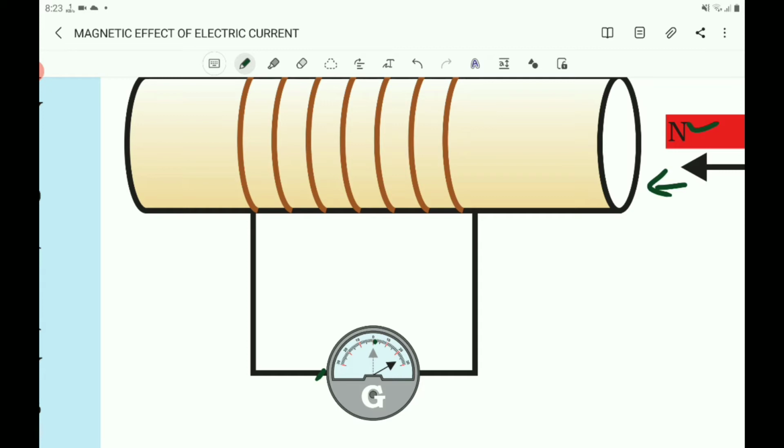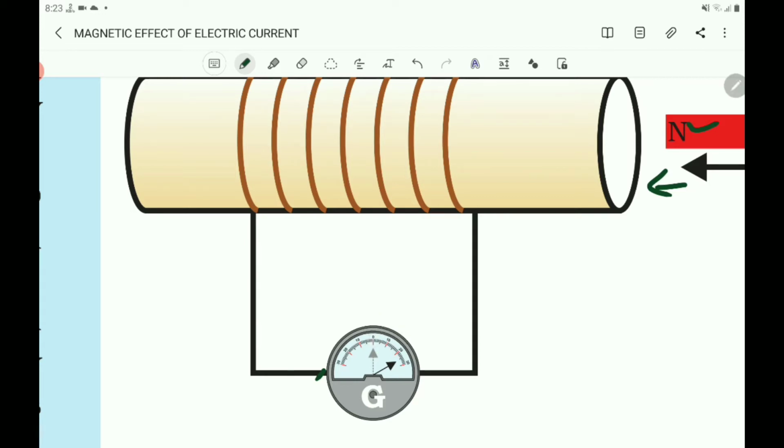There is a momentary deflection in the needle of the galvanometer. Initially, the galvanometer indicator was in this position, and the galvanometer deflects here. The needle of the galvanometer initially, where was it?